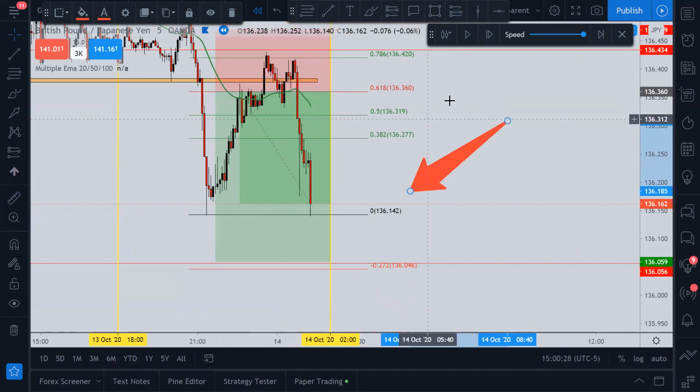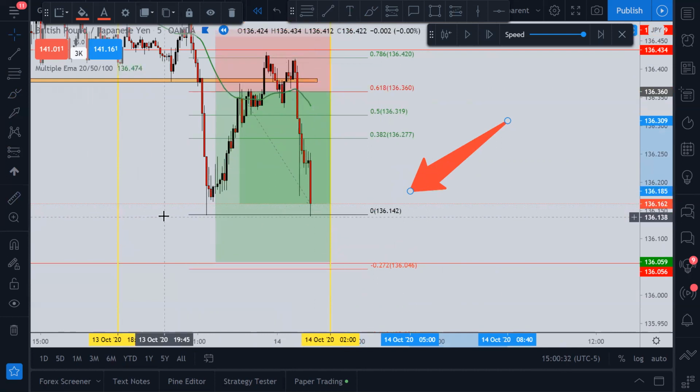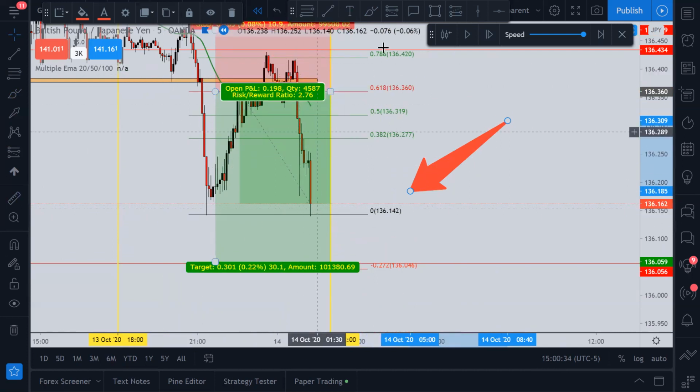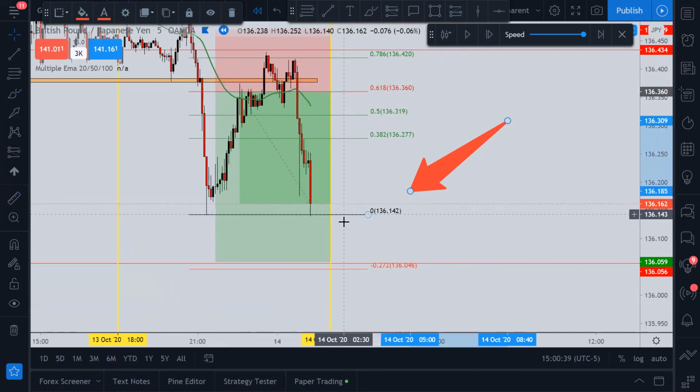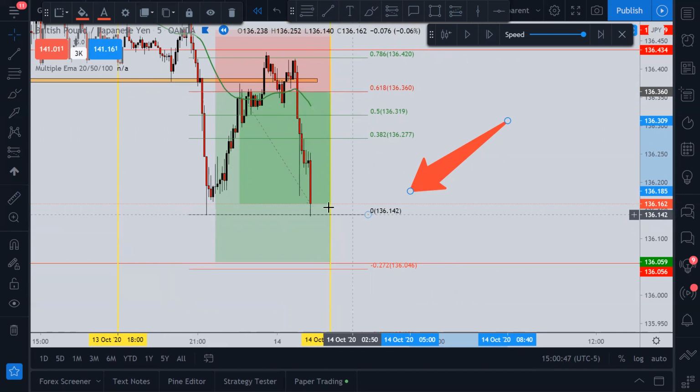That would be great if we can reach that. But we already did 1 to 2 here. You can get out of your trade, bank this, and move on to the next trade. You can move your stop loss to this and follow it to this area. I wait until it passes this area to start trailing with a stop loss. I don't want to give any of this back, right?